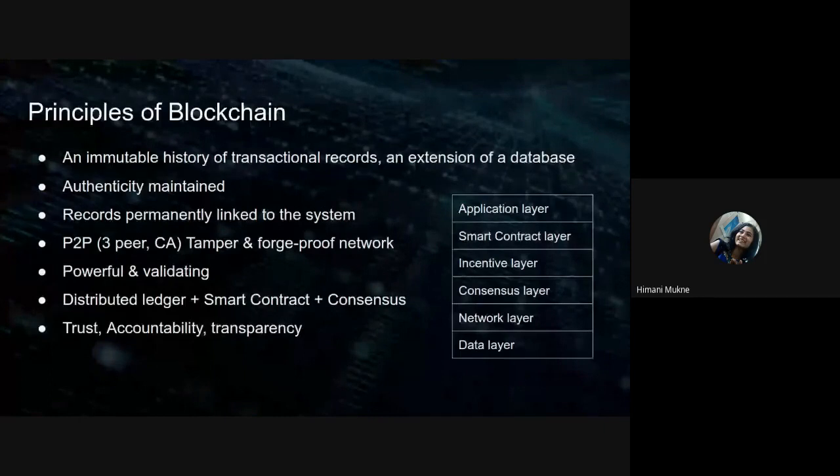But to give you an example, Bitcoin and Ethereum blockchain use this incentive layer quite liberally because to establish security, the network is completely dependent on the nodes. Nodes are basically the miners of the network.